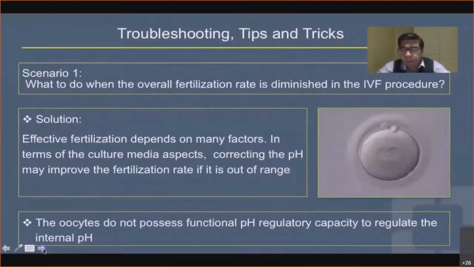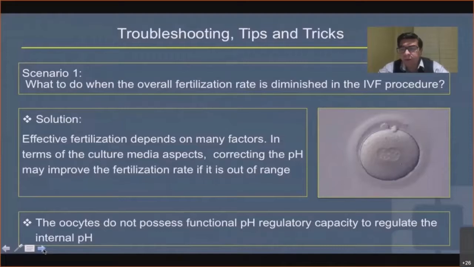For troubleshooting tips and tricks, I would like to share only a couple of scenarios that we can face during the IVF procedure. For scenario 1, what to do when the overall fertilization rate is diminished in the IVF procedure. The solution: although many factors can affect this fertilization process in terms of the culture media, pH may affect the fertilization rate if it is out of range, especially after conventional IVF as the insemination procedure.